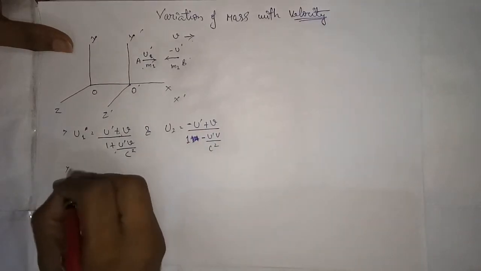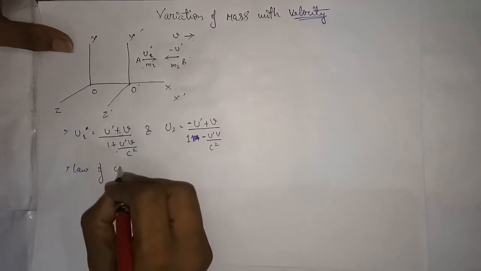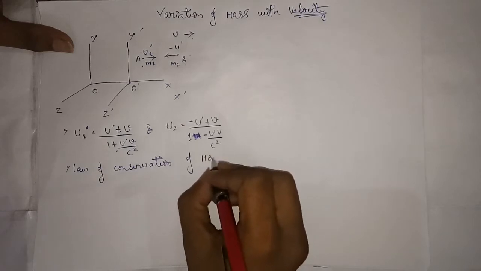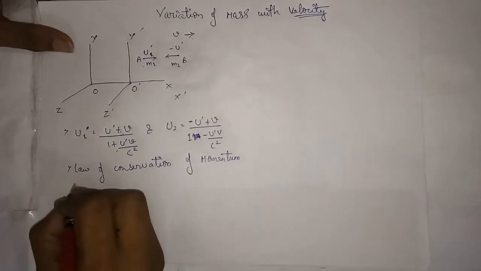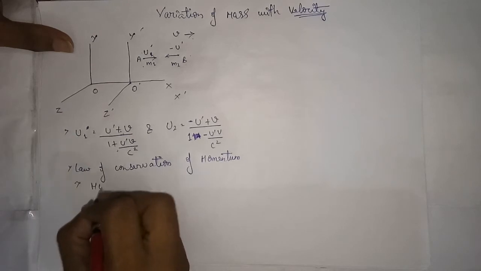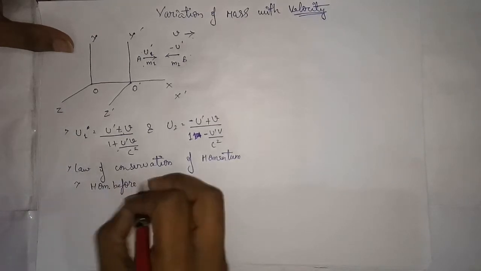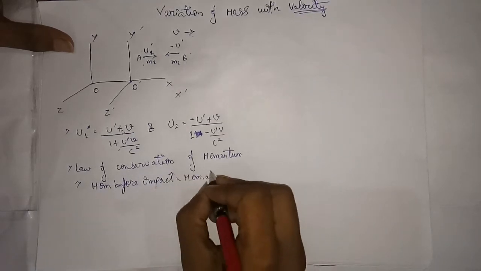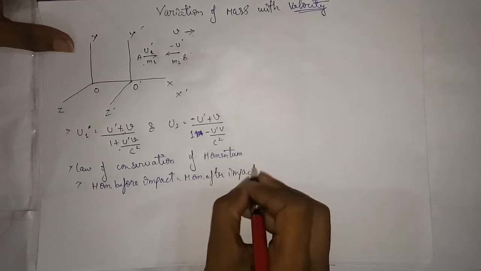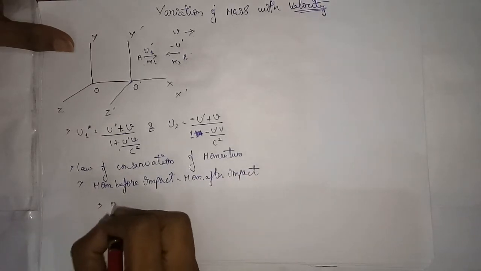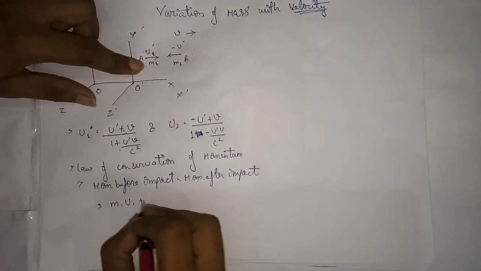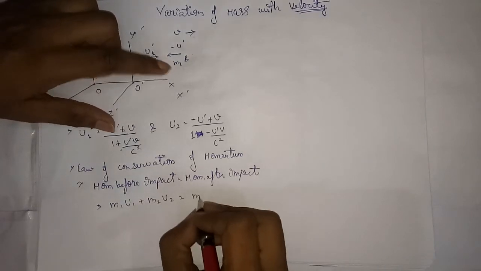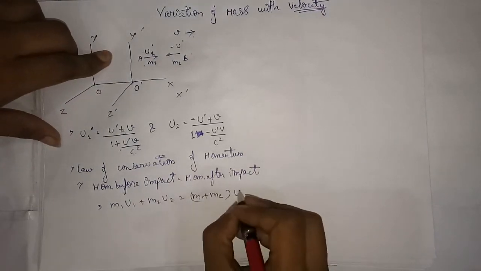And we know from the law of conservation of momentum that momentum before impact equals momentum after impact, which implies m1 u1 plus m2 u2 equals m1 plus m2 into v.